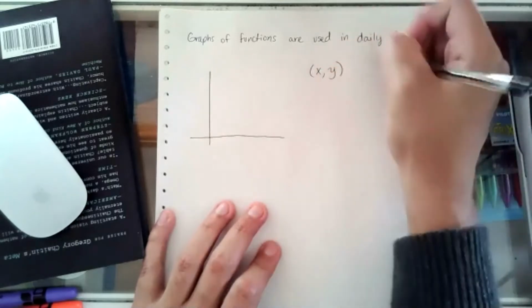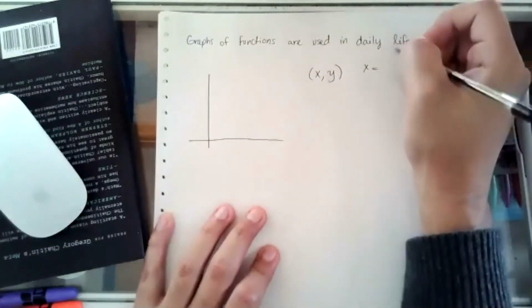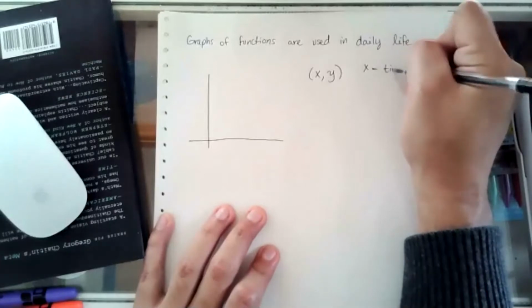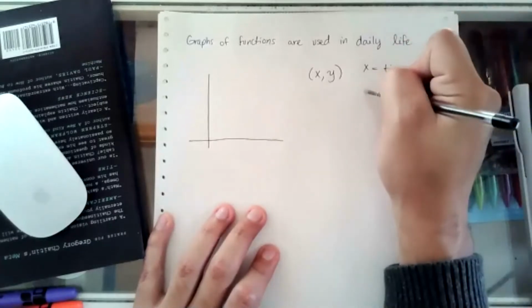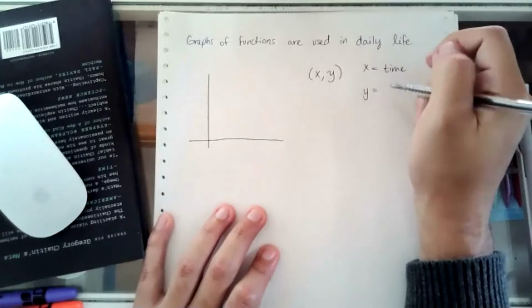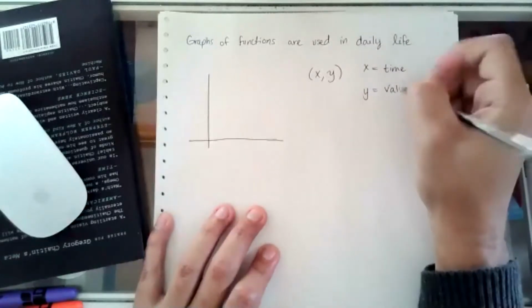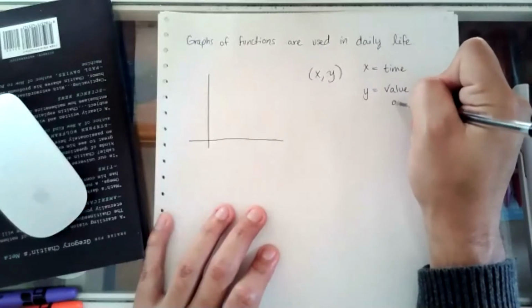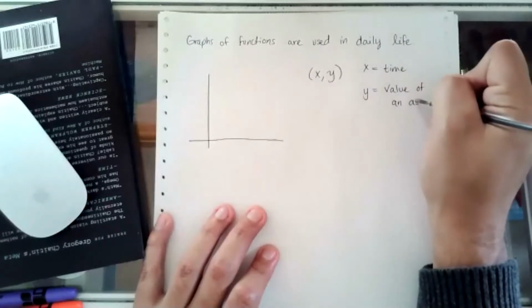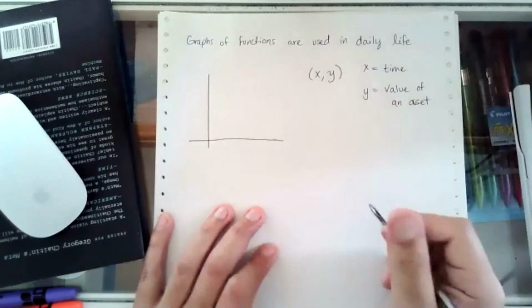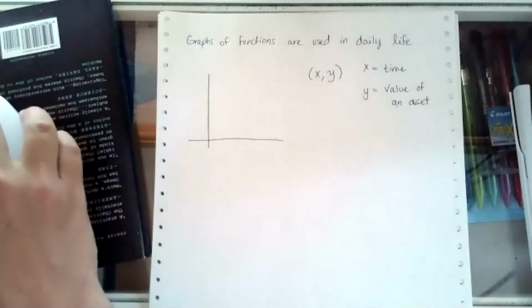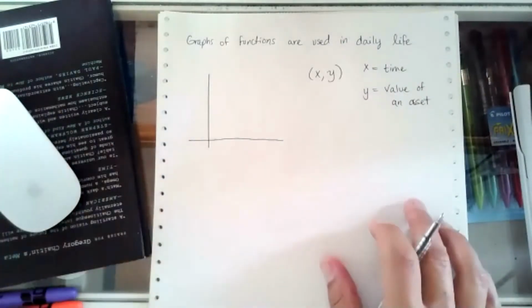So here, what I'll say is that let's let X equal time and let Y equal the value of, I'm going to say an asset. Ooh, can't spell today. Asset, I think, has 2 T's or 2 S's. Okay.